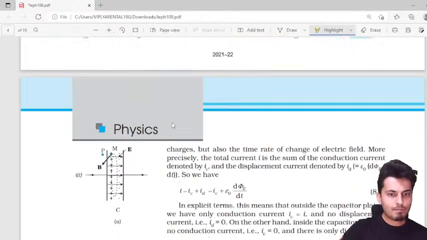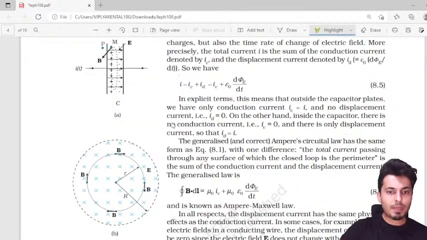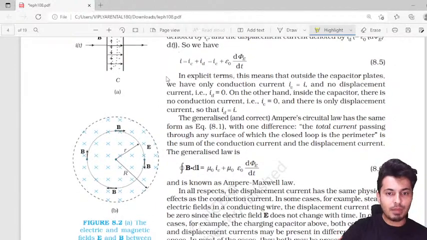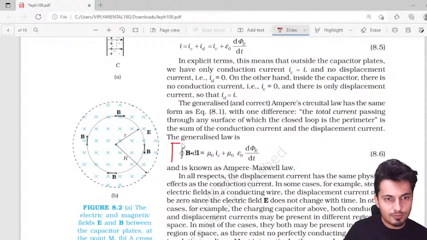Now here is the thing. Whenever you are talking about Ampere's loop law, the final form, this is the formula that you're going to use. This is very important.